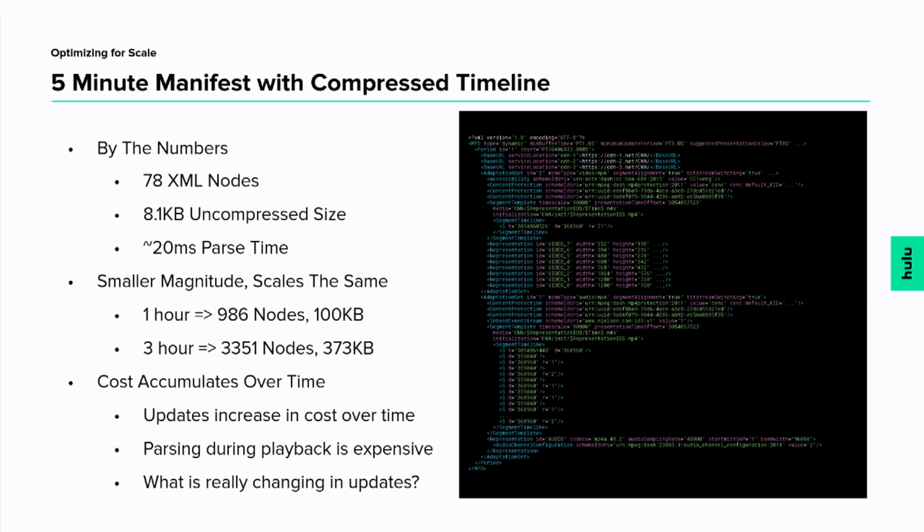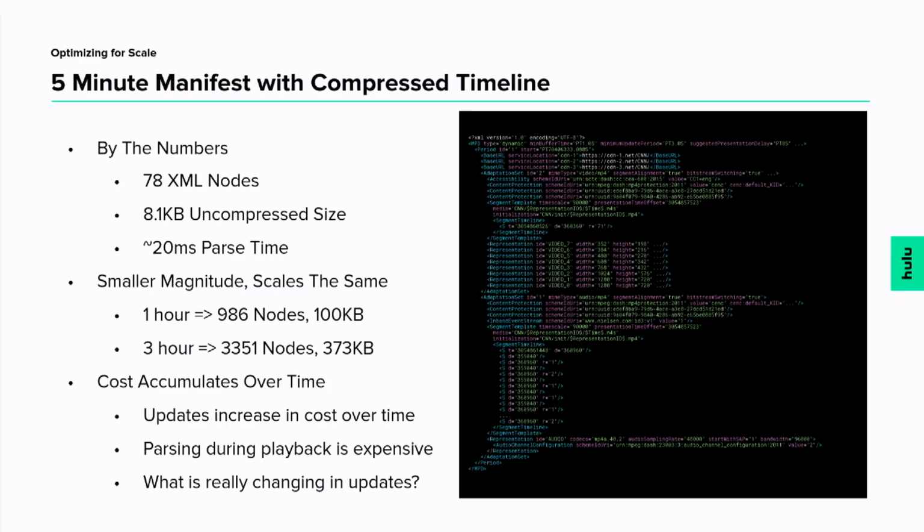It's not addressing that long-term scale problem. At an hour, you're still at 700 nodes. At 3 hours, you're still at 3.4 thousand. It gets you there, but you're still getting fairly high, and your cost is accumulating over time because you have more information to present. As you have ad breaks and program changes, you have more information in the stream that you need to convey.